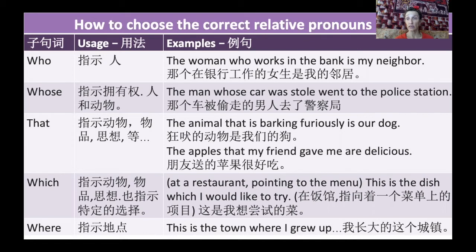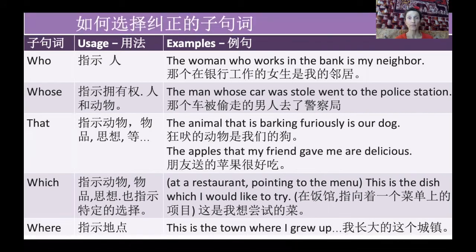Okay, so here's a little bit more about how to choose the correct relative pronoun when you're changing two ideas to one sentence. Okay, how do you choose them? 如何选择纠正的自助词? How do you do that? Well, the word who, and I know Teacher Warren covers this, but this is a review, 复习, okay?